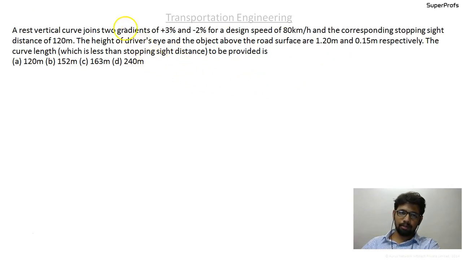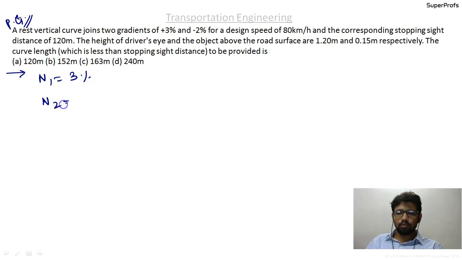This is also a previous GATE question. The question is, a vertical curve joins two gradients of 3% and -2%. So n1 is equal to 3% and n2 is equal to -2%.